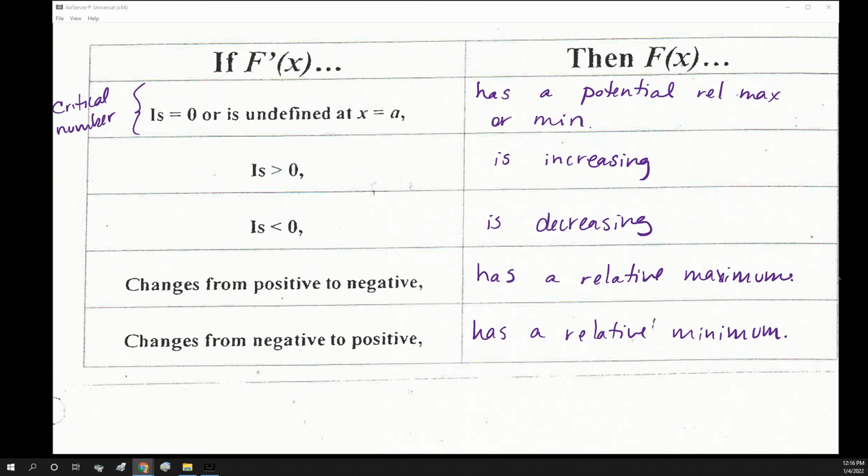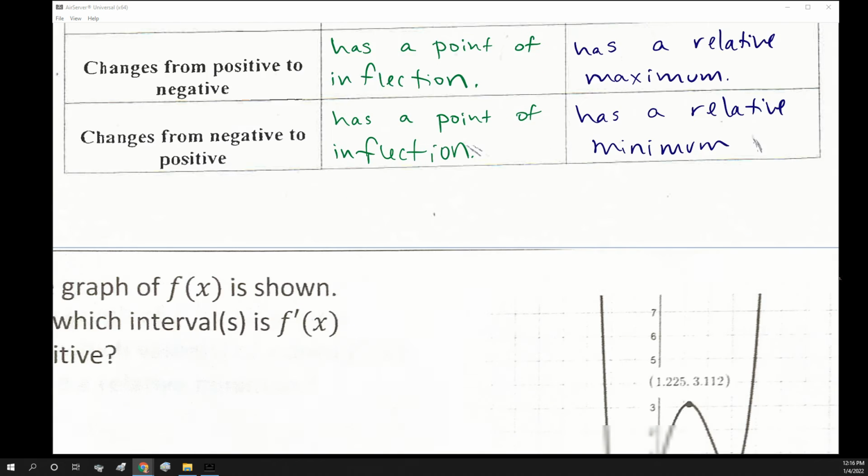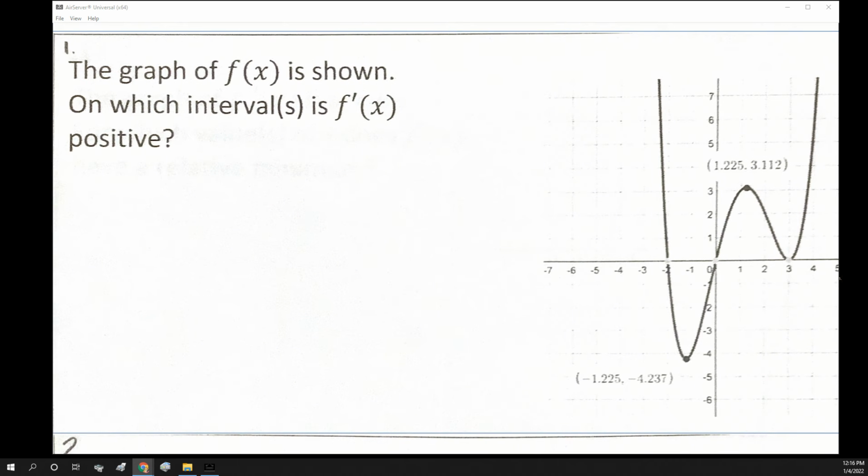All right, so whoever has the paper, label it 1 through 21. I am going to do 4 of these with you, and then I'll explain what I want you to do after that. Okay, this is number 1. It tells you that the graph of f of x is shown.